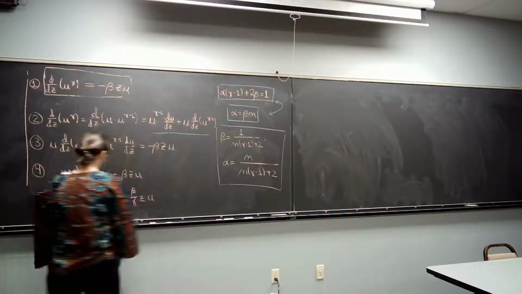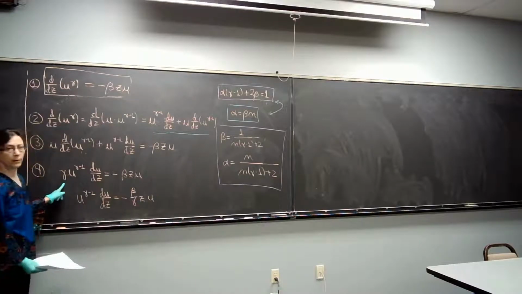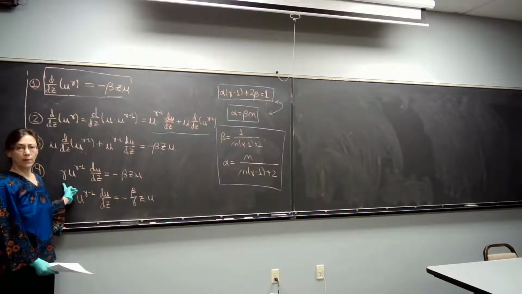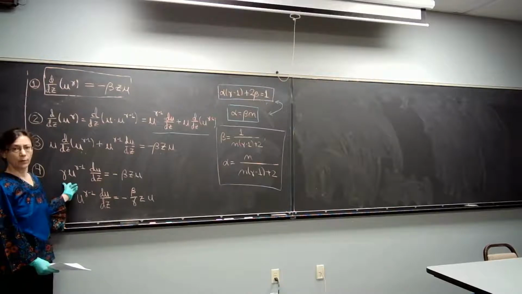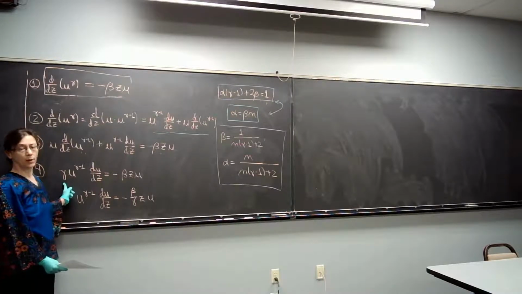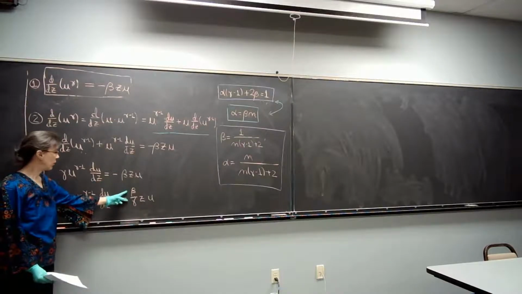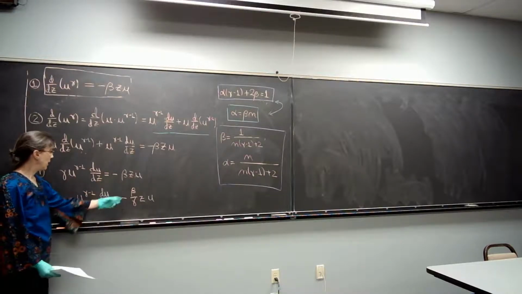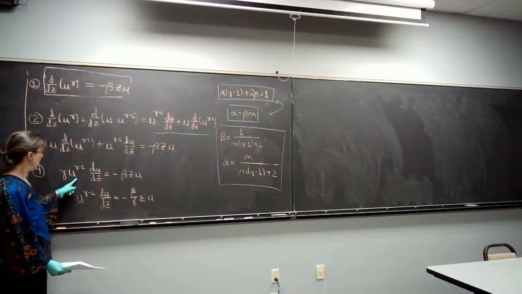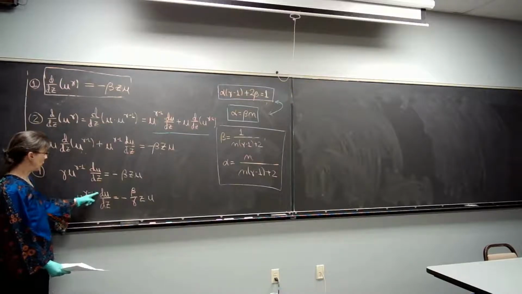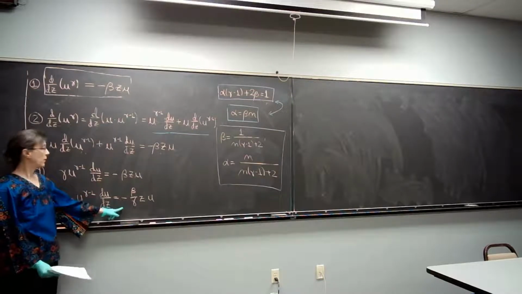Okay, remember that gamma was a physical constant that came with the original equation. It's larger than 1, so it's certainly not 0, there's absolutely no problem in dividing by gamma. So I divide by gamma, and I get u to the gamma minus 1 du/dz is equal to this expression.